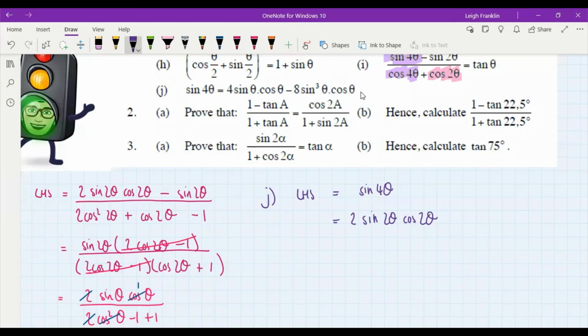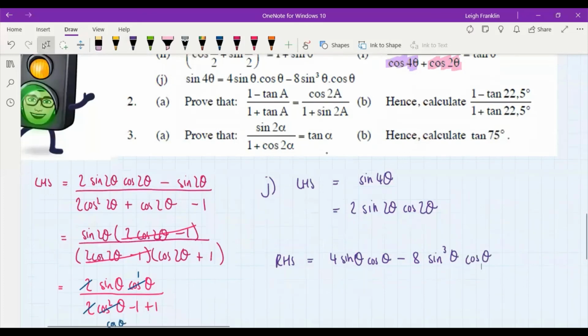Which I think we can leave like that. You just leave it there for 2 seconds. Okay, now I want to go to the right-hand side. I'm just going to leave some space in case I need to write a little bit further. And on the right-hand side, I've got 4 sine theta cos theta minus 8 sine cubed theta cos theta.